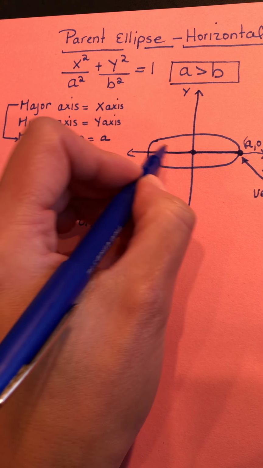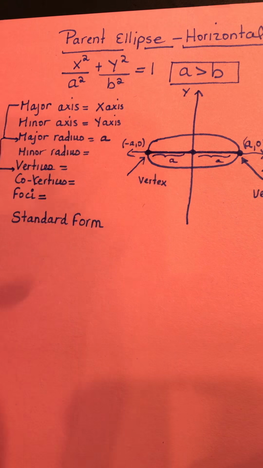So when it's talking about vertices, they are talking about these points that lie on the major axis. So -A, 0 and A, 0, these are both vertices, okay? And this distance here is A, this distance here is A, okay? And we'll do examples later with actual numbers.